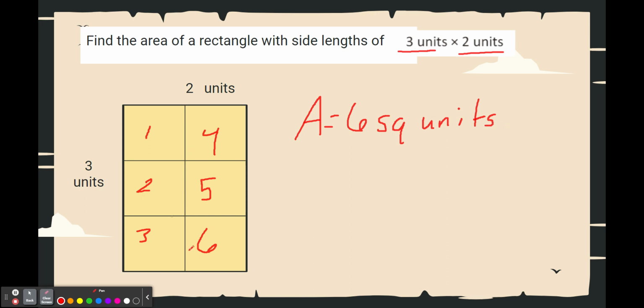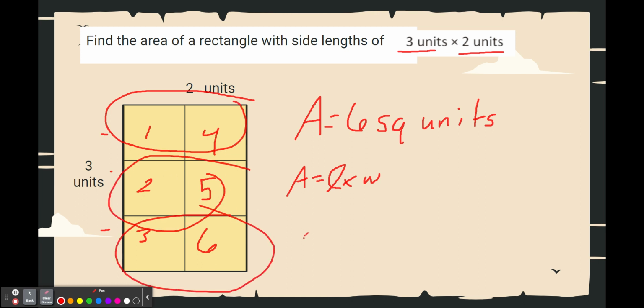Now I can do this by separating my rectangle into square units, or I can also go ahead and multiply, because to find area, it is length times width. Now, why does this work? Well, I can see right here that I have 3 rows of 2 units.